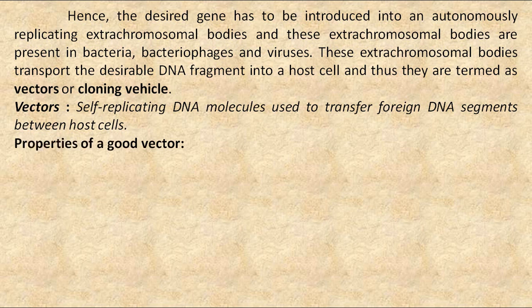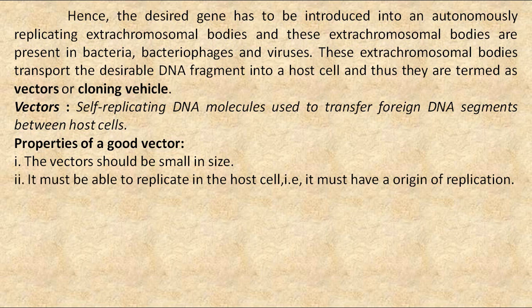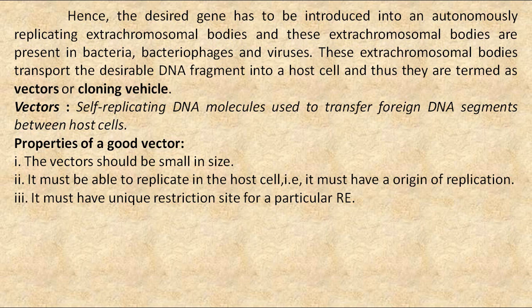Now, what are the properties of a good vector? The vector should be small in size. It must be able to replicate in the host cell, that is, it must have an origin of replication. It must have a unique restriction site for a particular restriction enzyme.